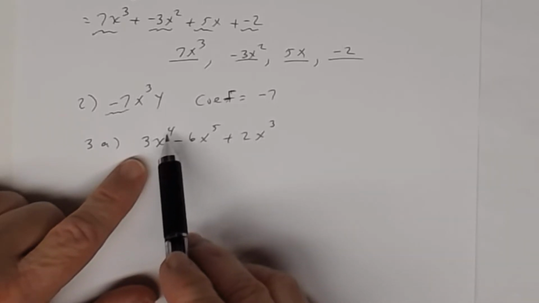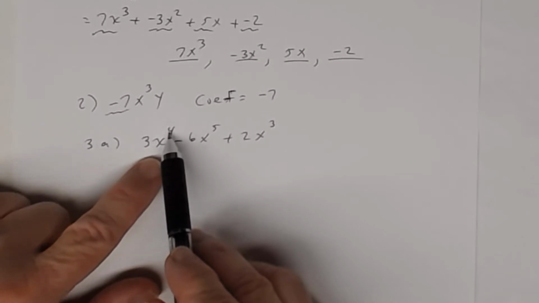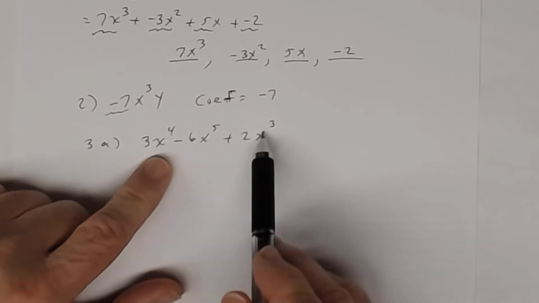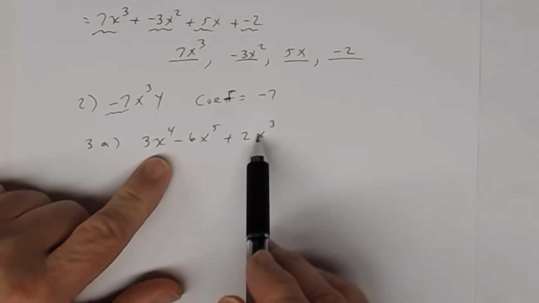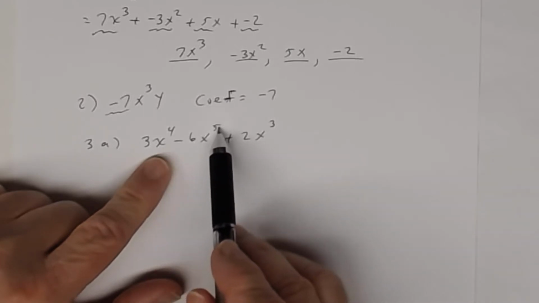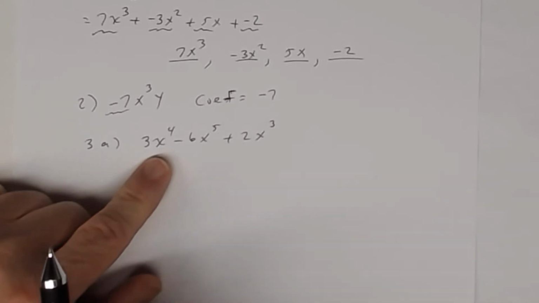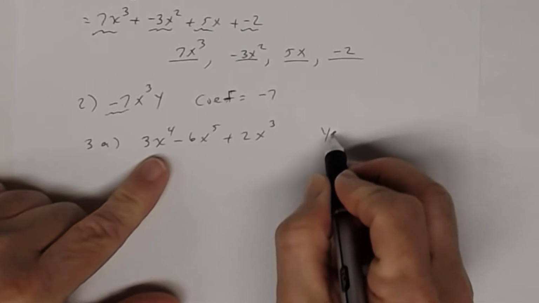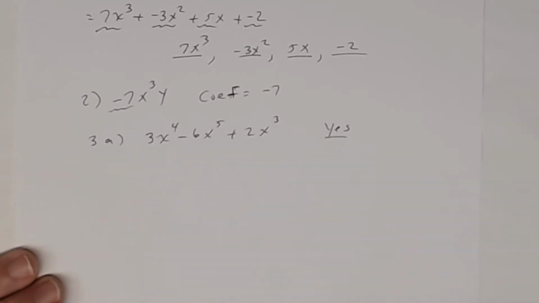And notice that the exponent is a positive integer. Okay? A positive integer. So when you have a polynomial, your exponents must be positive integers. 4, 5, and 3. So the answer is yes, that is a polynomial.